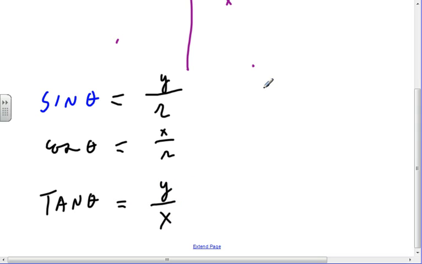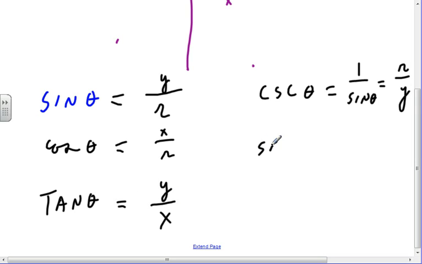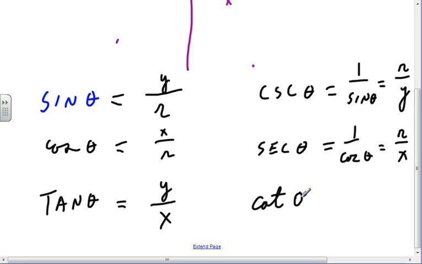Then we're going to have a cosecant of that angle theta, which is 1 over the sine, which is r over y. Then a secant of that angle theta, 1 over the cosine, which is r over x. And then a cotangent, which is 1 over the tangent, and that's x over y.